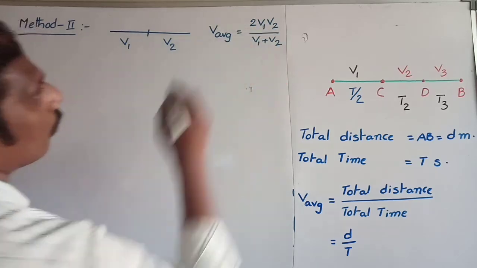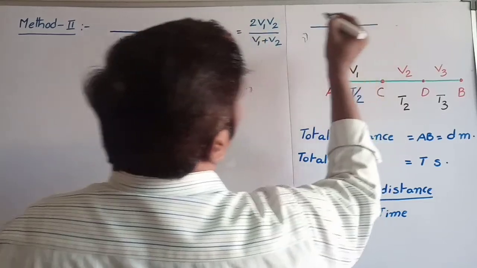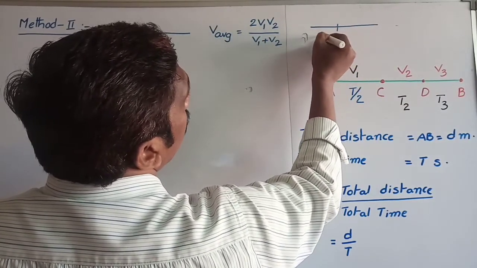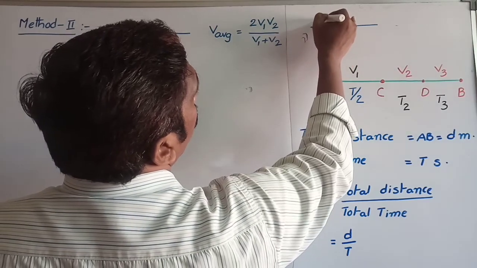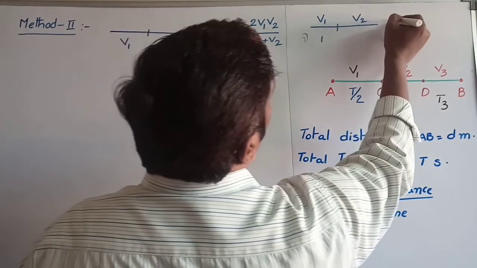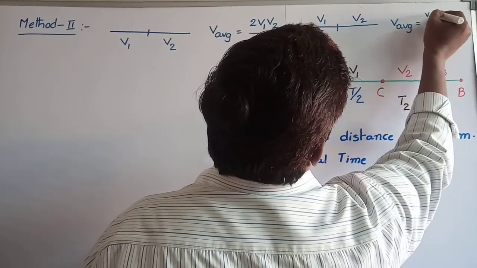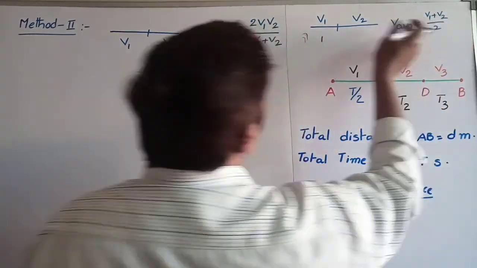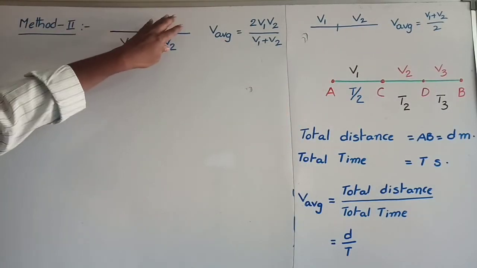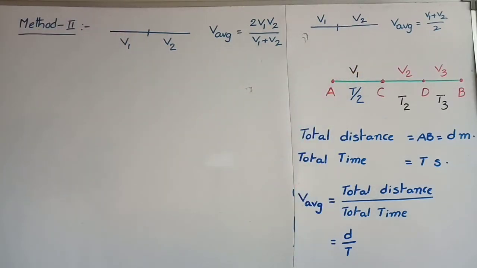And next, if a body covers half of the journey time with a speed V1, and the remaining half of the journey time with a speed V2, in this case average speed is equal to V1 plus V2 by 2. If you know these two formulas, we can solve. Here first half distance, next half distance. Here first half of journey time, next half of journey time.